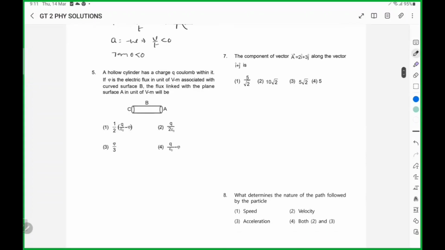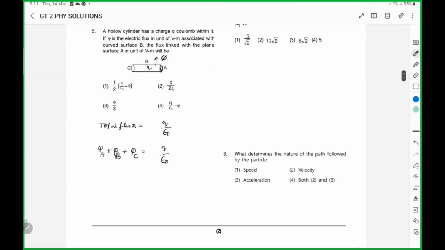Here, hollow cylinder has a charge q coulomb within it. Phi is the electrical flux through the curved surface B. So here, total flux is q by epsilon naught. One is through this surface A, other is through surface B, other is through surface C, which is q by epsilon naught.